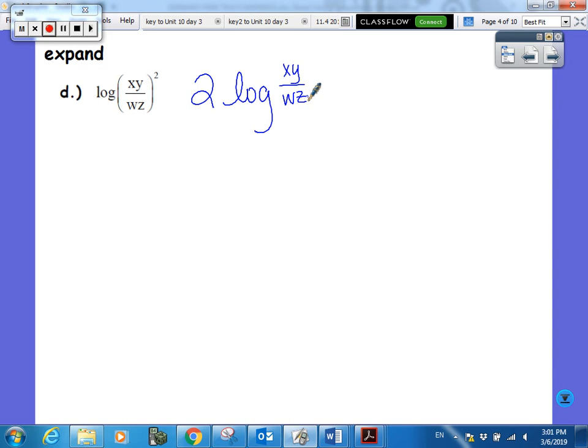The easiest way to think about these is if you're expanding a log or natural log, the numerator has plus signs, the denominator has minus signs. It's going to be the easiest way to remember. But we're changing this one thing into 4 different things, so it's 2 times anything in the numerator is positive, log x plus log y.